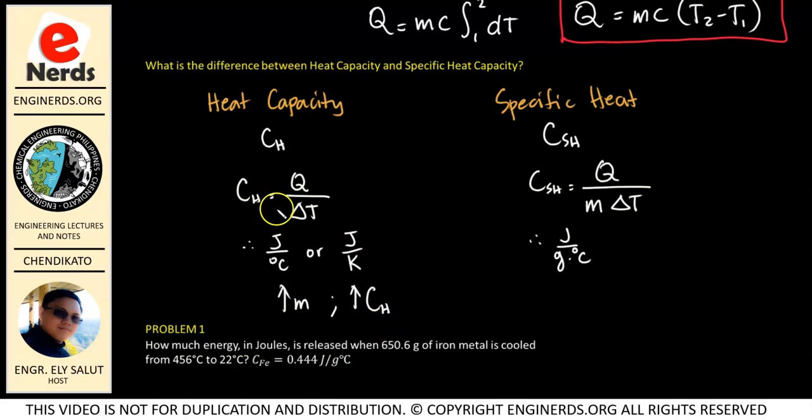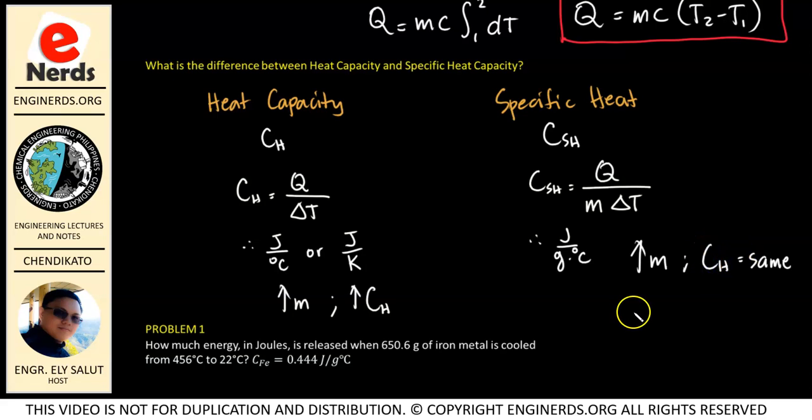So kung makikita ninyo, heat capacity is an extensive property because it depends on the amount of material present. While dito sa specific heat, it is not dependent on the amount of material. So kahit na mag-increase ang ating mass, our specific heat will not change.